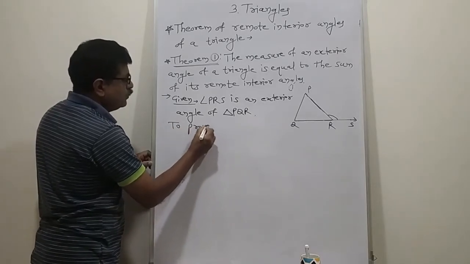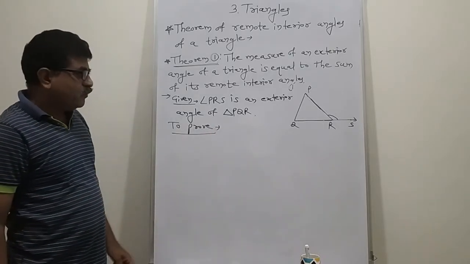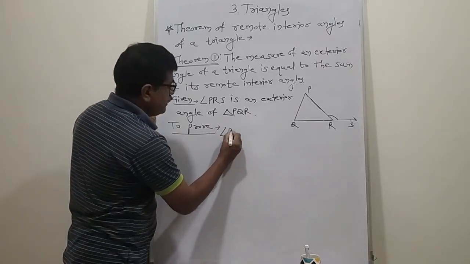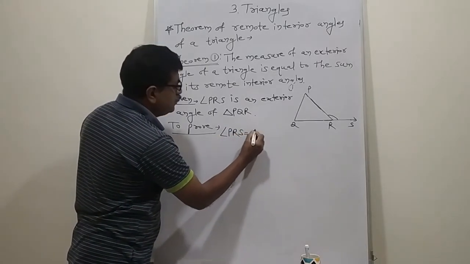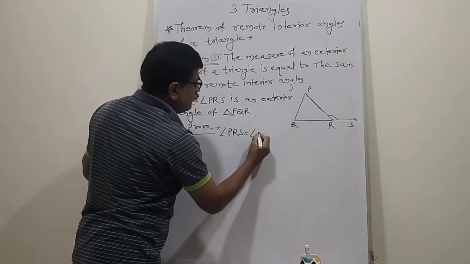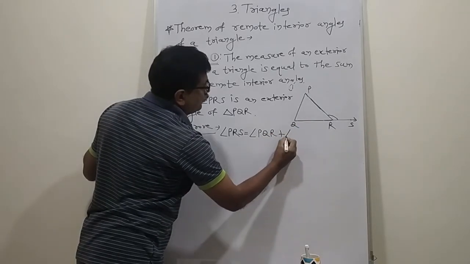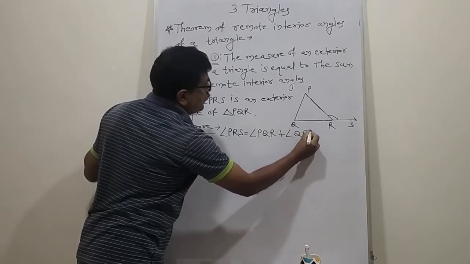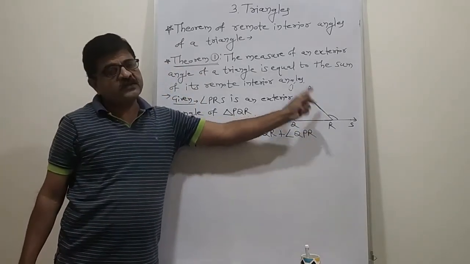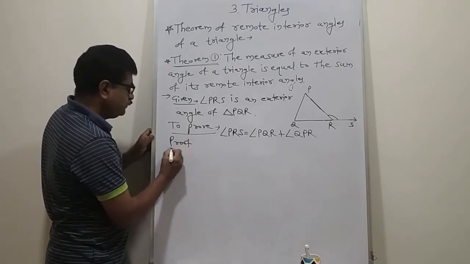To prove: we have to prove angle PRS is equal to angle PQR plus angle QPR. The angle is equal to the sum of these two angles. Now prove.